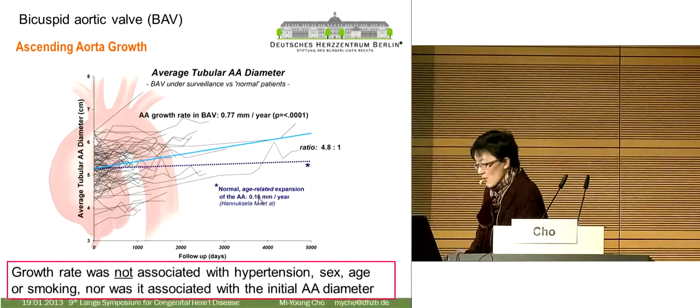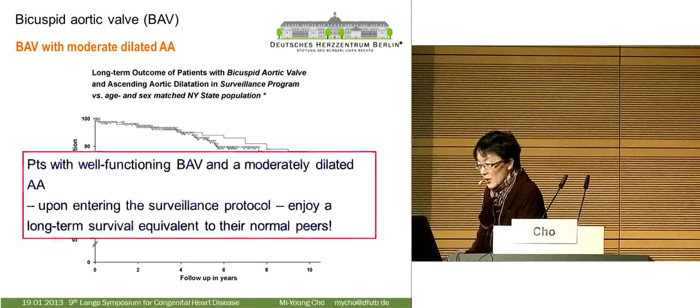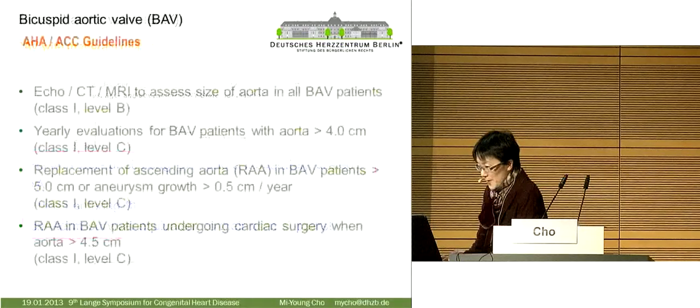So there was really a growth rate. But interestingly, the growth rate was not associated with hypertension, sex, age or smoking. And when he matched it with the age and sex matched New York State population, he showed there was no real difference between people under surveillance and normal peers.